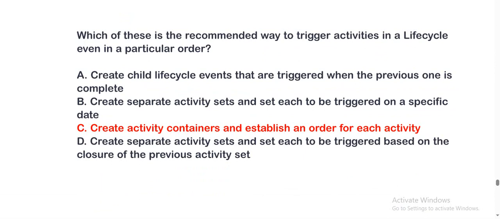Option B, create separate activity sets and set each to be triggered on a specific date. Option C, create activity containers and establish an order for each activity. And option D, create separate activity sets and set each to be triggered based on the closure of the previous activity set. And the correct option is option C.